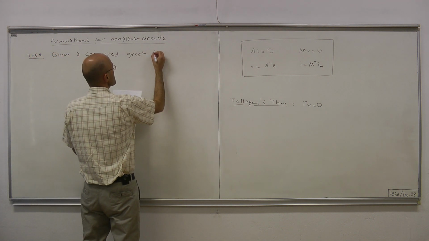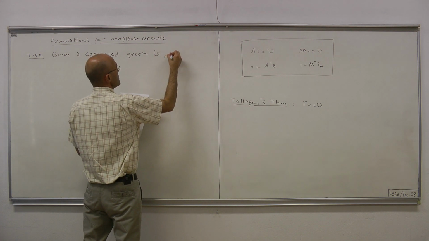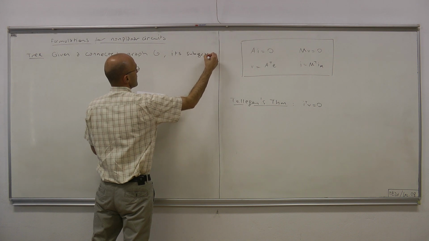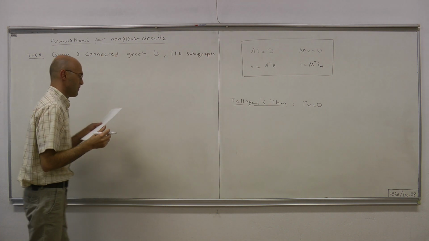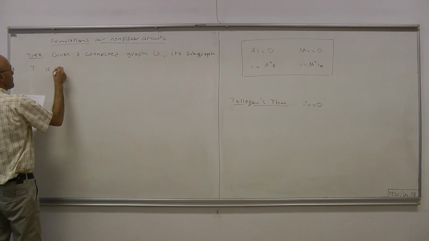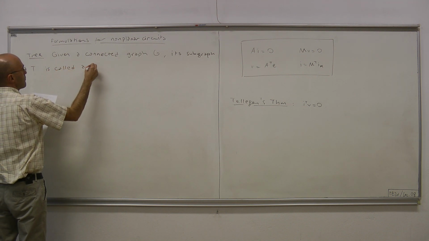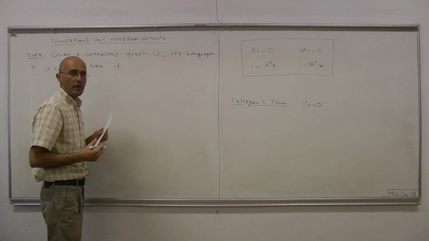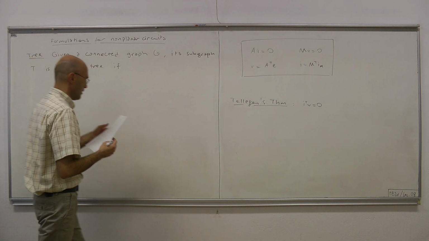Let's give it a name, graph G. Its subgraph T is called a tree if the following conditions are met.